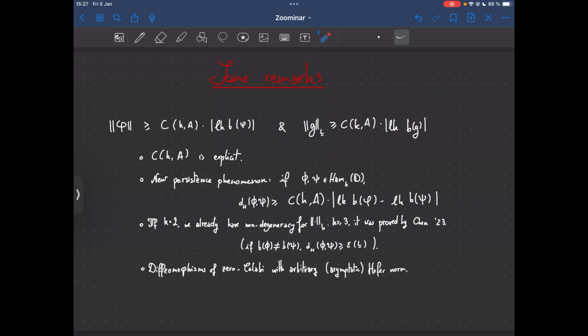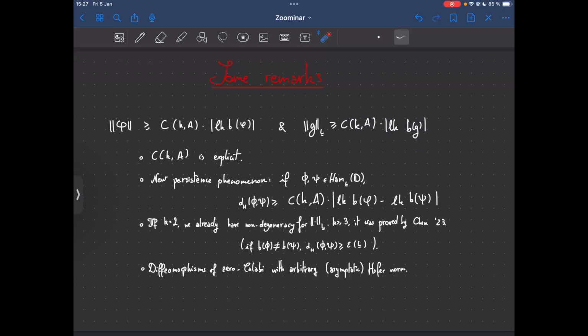The last consequence I would like to bring to your attention is that, using these estimates, we can provide a simple class of Hamiltonian diffeomorphisms which have zero Calabi and arbitrary asymptotic Hofer norm. The reason is actually very simple. We can realize the trivial braid with a diffeomorphism of arbitrary Calabi.